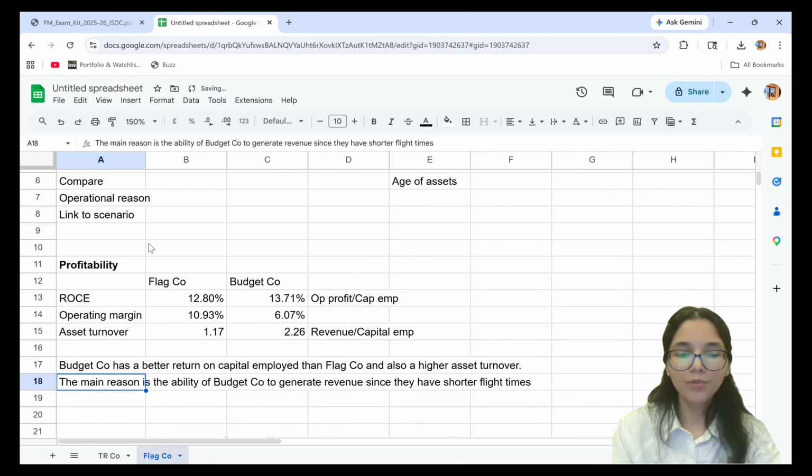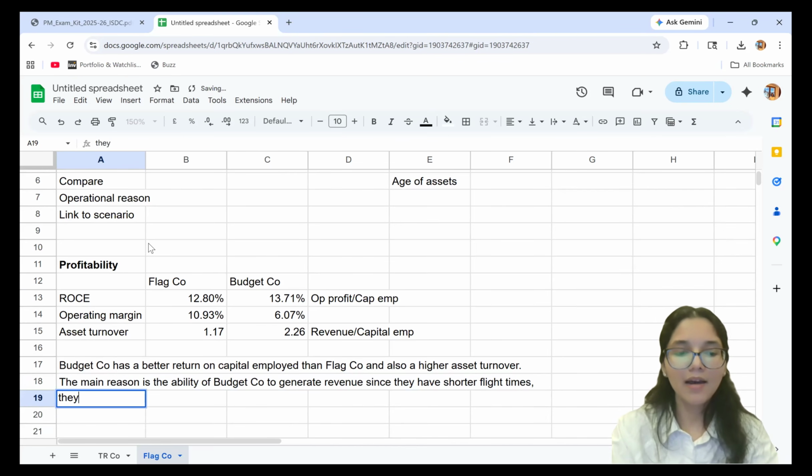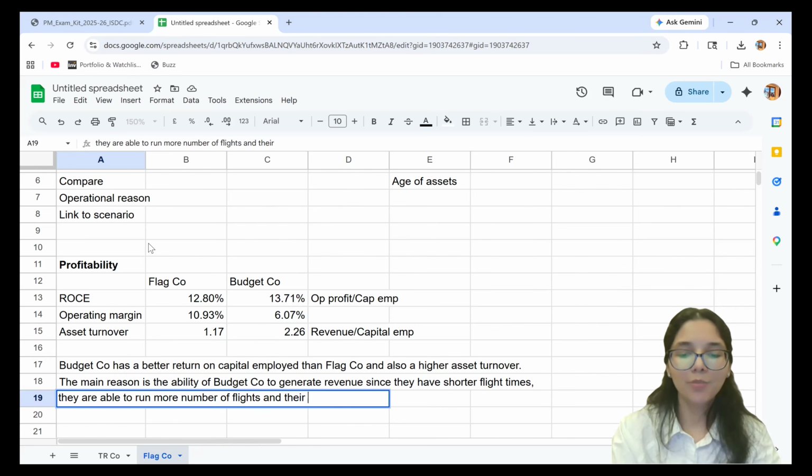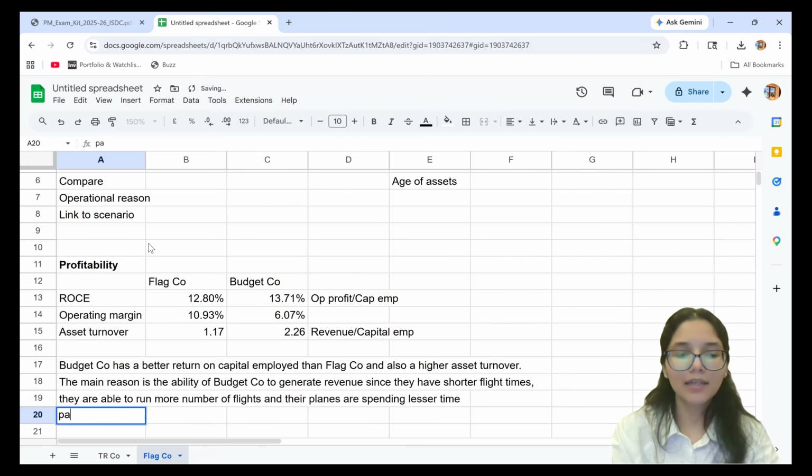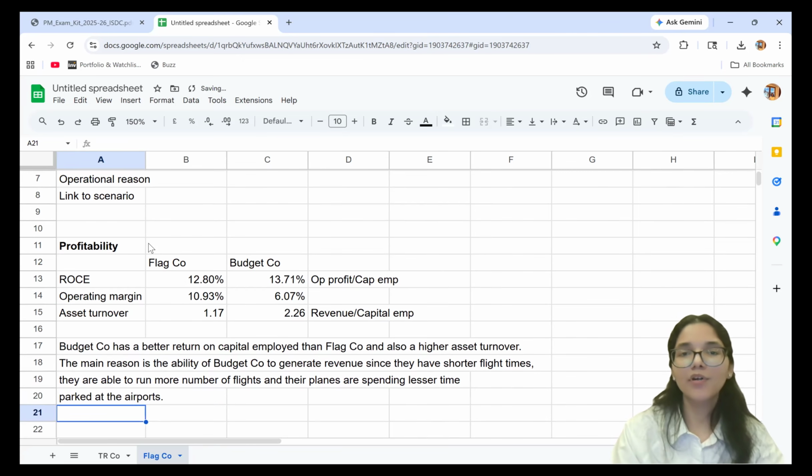They are able to run more number of flights, and their planes are spending lesser time parked at the airports. This is what both of these numbers mean. This is the reason why the numbers look better for budget company.